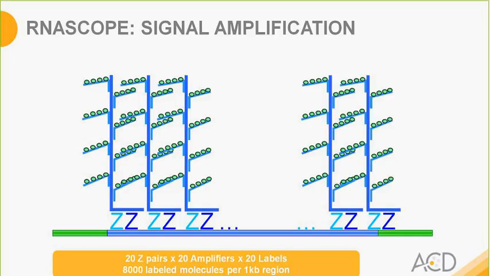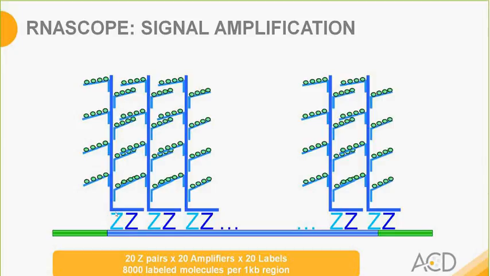The steps following hybridization of the double Z probes that we just visualized along the target sequence provide for signal amplification and further specificity of the assay. The preamplifier molecule shown here, which is shaped like an L, will only bind if it encounters a pair of adjacent Z probes, which create that unique preamplifier binding site.